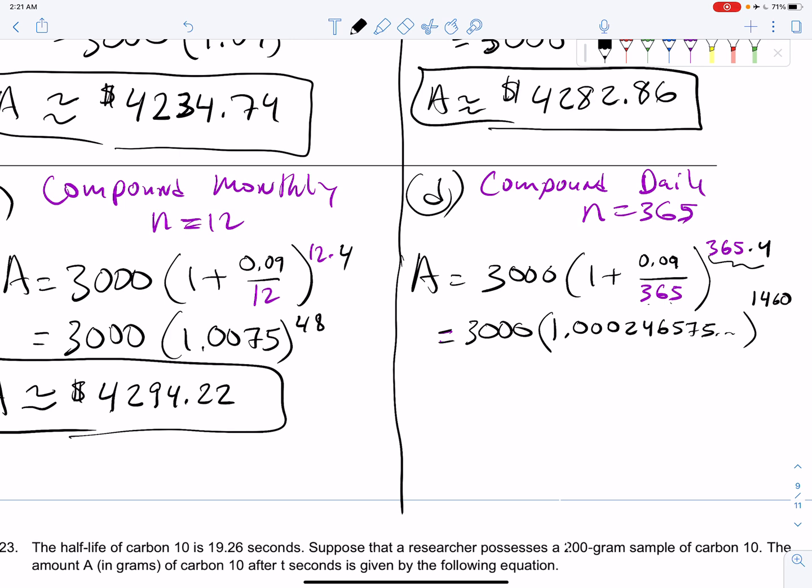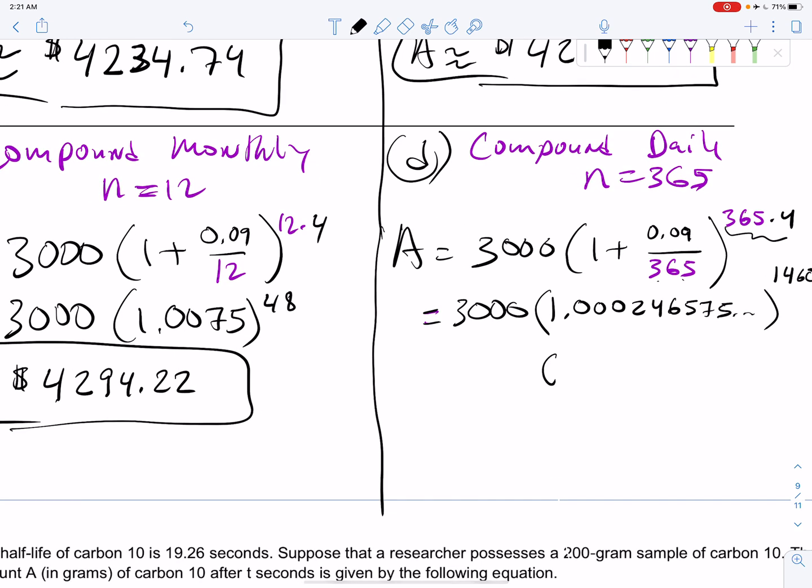So 0.09 divided by 365 plus 1. Raise that to the 1,460th power, and I'm getting approximately 1.43326581, and that must be multiplied by 3,000.